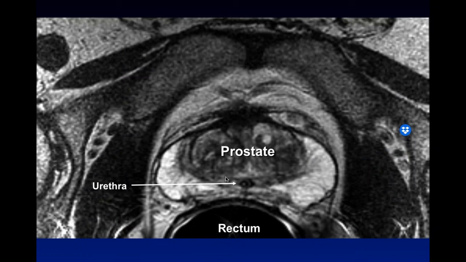The other important structure is obviously the urethra. And what I want to highlight here is the distance of the urethra from the rectum. If you look here, that's only about 3 to 4 millimeters. So when you potentially run the risk of causing too much dose to the rectum, you can get an ulcer.